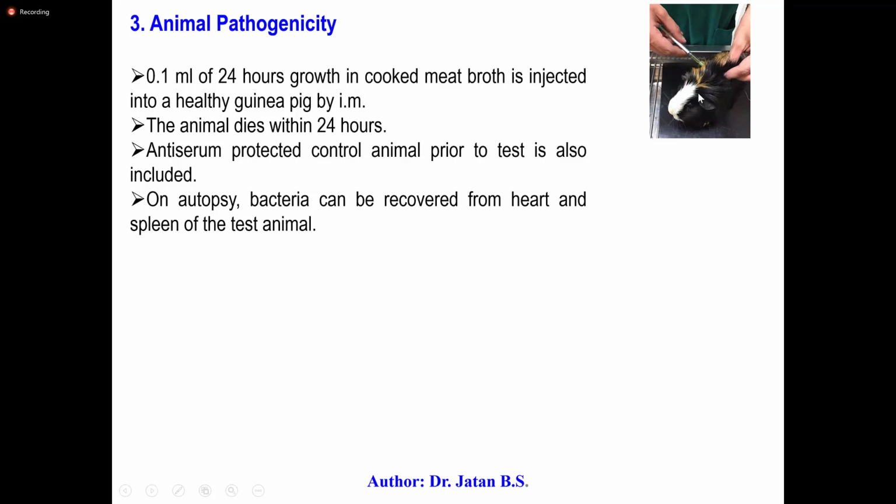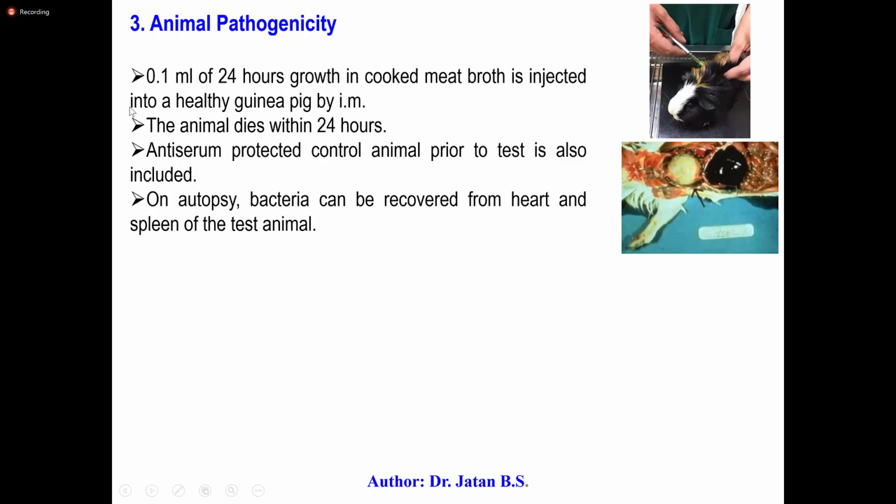You must inject the 24-hour growth of the bacteria intramuscularly. The animal will die within 24 hours, and if you cut open this animal you will find the presence of bacteria inside the viscera, inside the body, inside the heart or spleen of this animal.